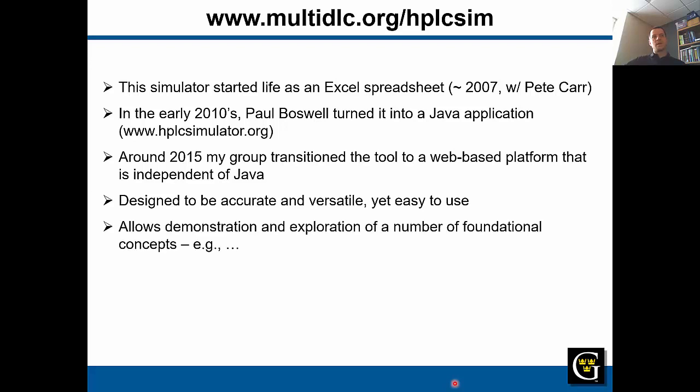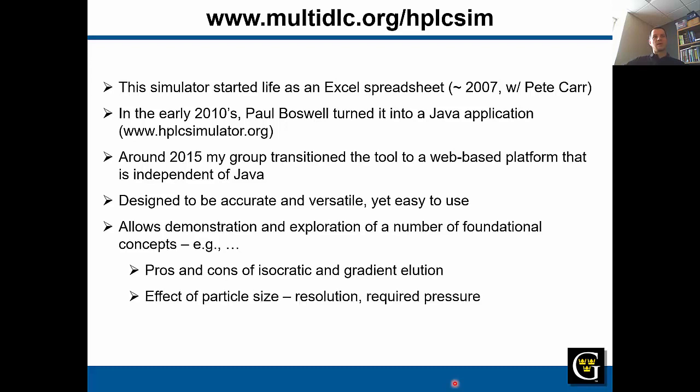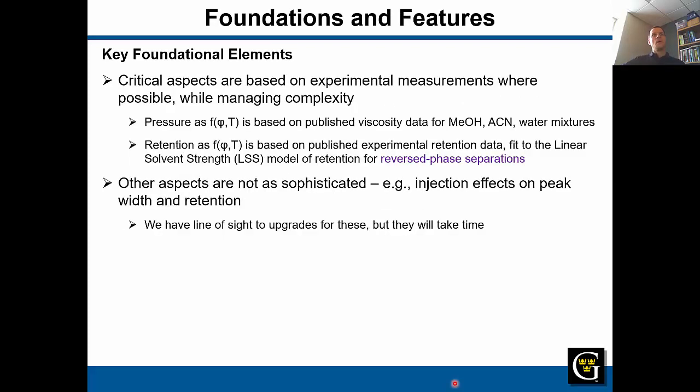And so we wanted to be able to give students the possibility to explore a number of foundational concepts, such as looking at the pros and cons of isocratic and gradient elution, effective particle size, a very contemporary topic, effective particle size and resolution and required pressure, and things like the effective flow rate on analysis speed and resolution through concepts like the Van Deemter equation and things like that. So I would say the critical or core aspects are based on experimental measurements where possible.